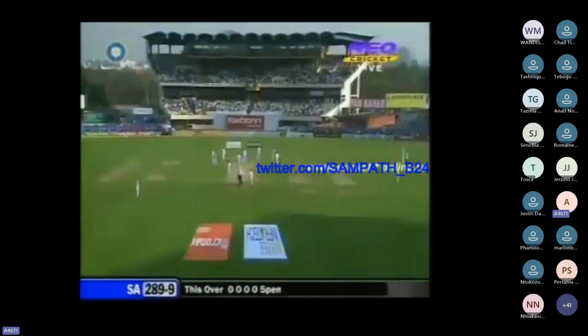So we need to know these laws to be able to notice when there is a deliberate or a willful act by a fielder that results in a boundary, who's going to face the next ball, and how many runs are scored.